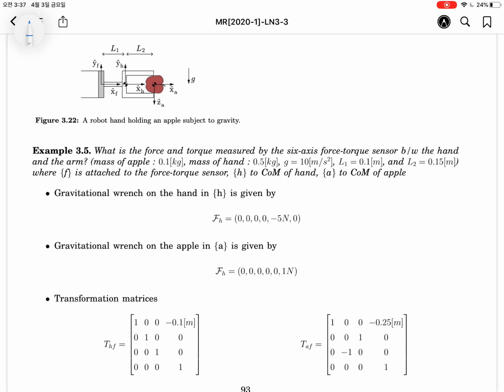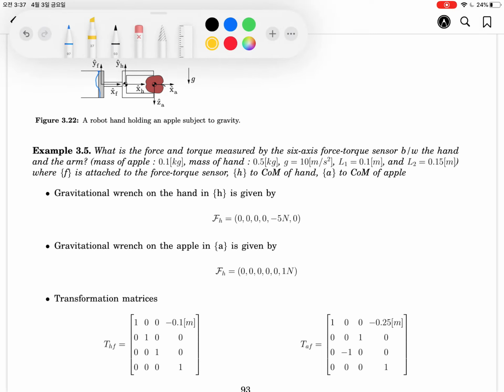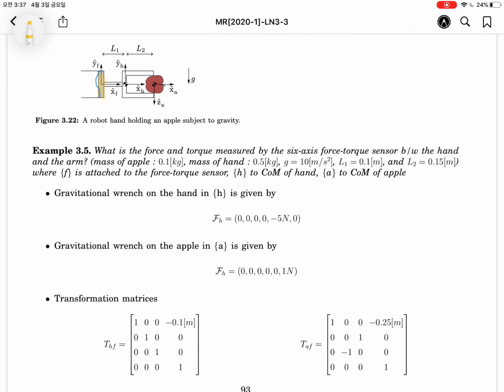Okay, it will be the last example of this chapter. Okay, let's consider. This is the robot and the end effector. The force-torque sensor will be attached to here, and then we have the coordinate x and y. This is the hand. This is the center of mass. Let's attach the x and y coordinate.